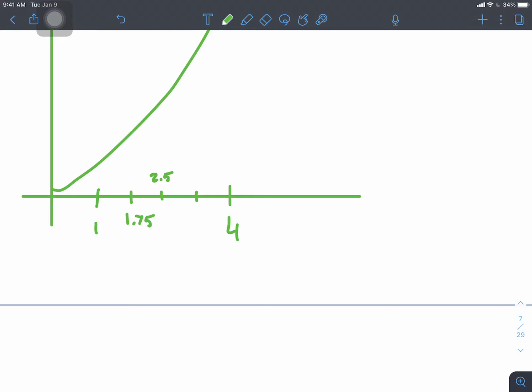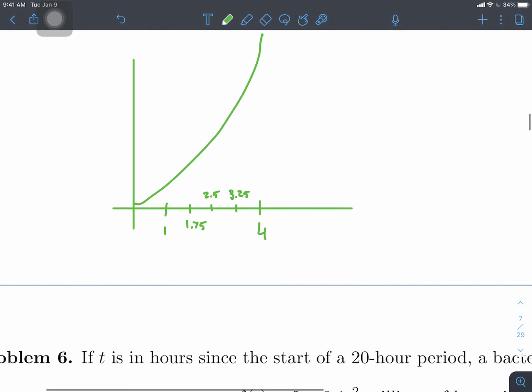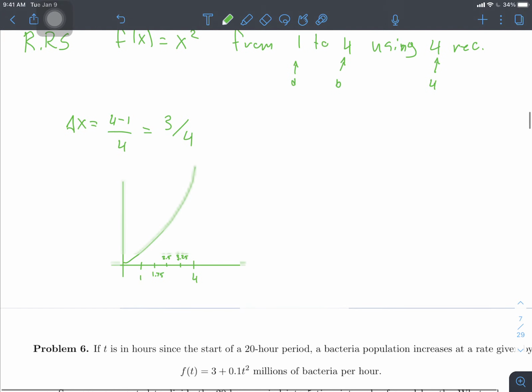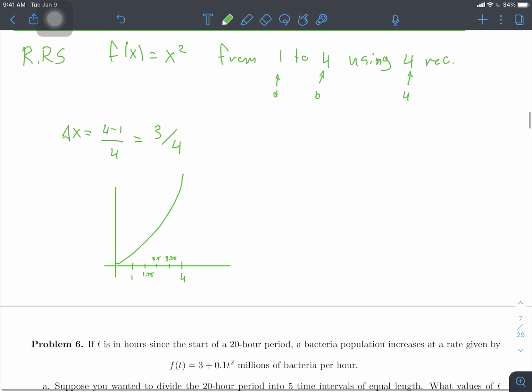Then I'm at 2.5. Then I add 0.75, and I'm at 3.25, and then I'm at 4. Okay, so now I'm switching it up a little bit here. There's no rule which says that the width of each rectangle has to be a whole number. In fact, we don't want it to be. Eventually, we want the width of each rectangle to be teeny tiny.